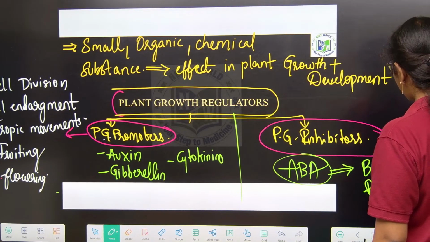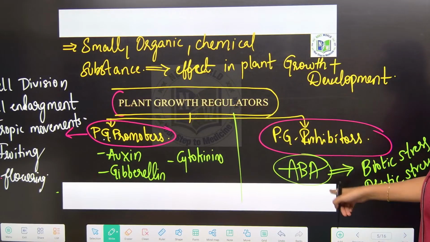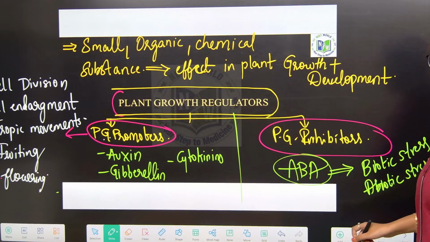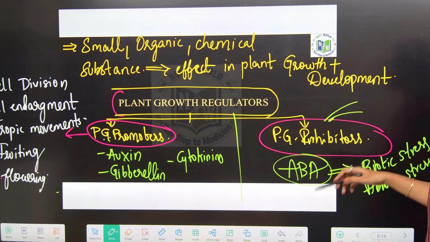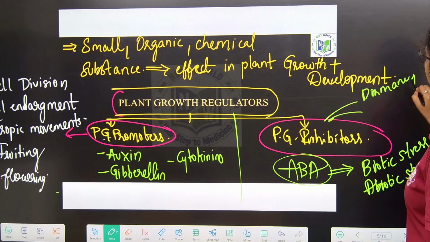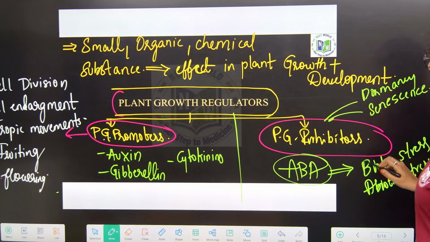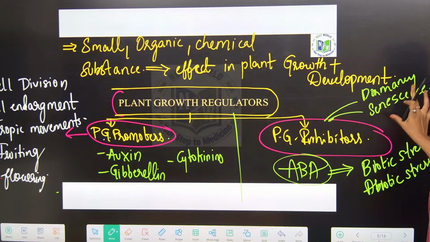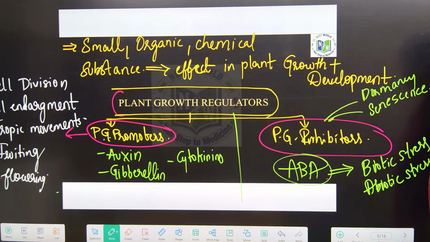Plant shows its response to both biotic and abiotic stress by the hormone abscisic acid. Inhibitor functions are like what? Promoting seed dormancy, senescence. Senescence or aging is one and the same. These are the inhibitory effects, and abscisic acid is the plant growth inhibitor.